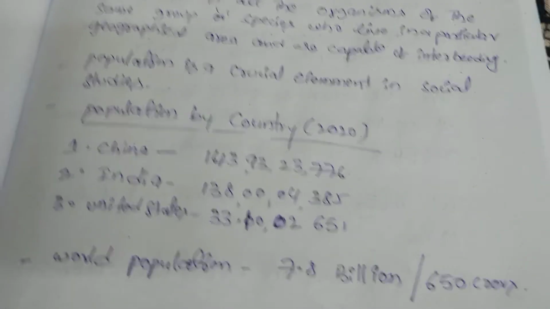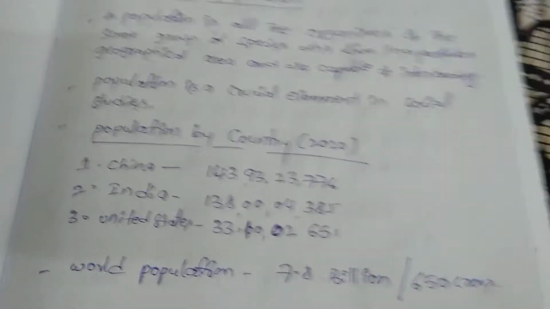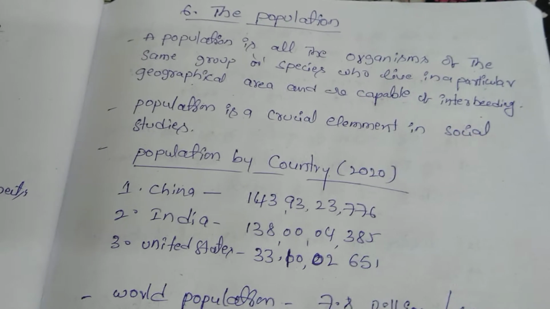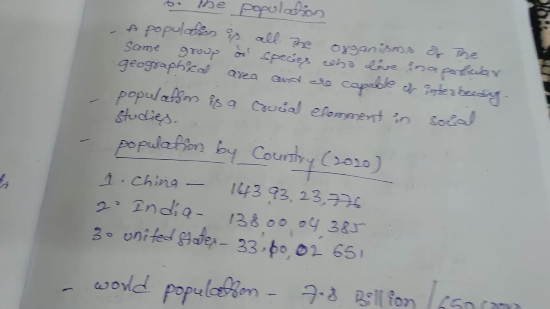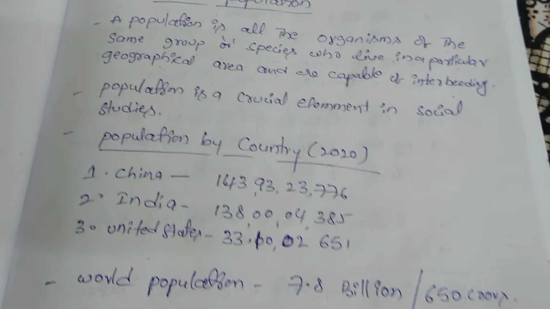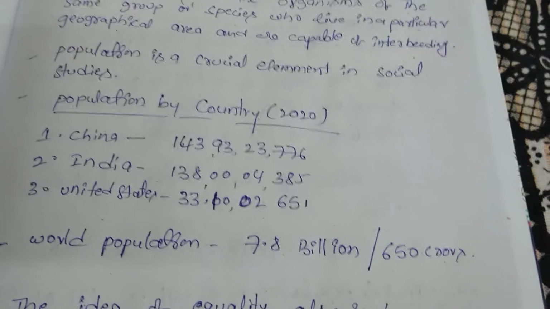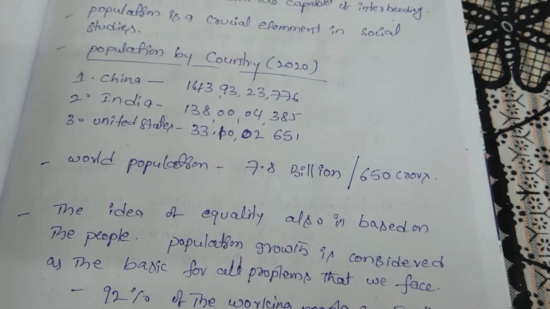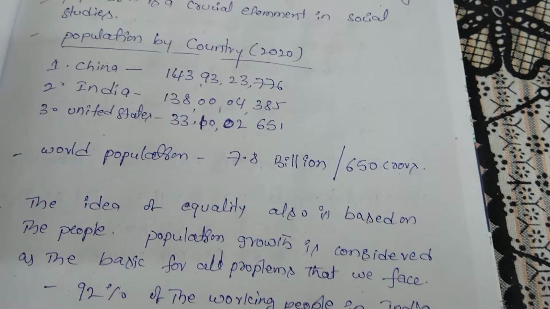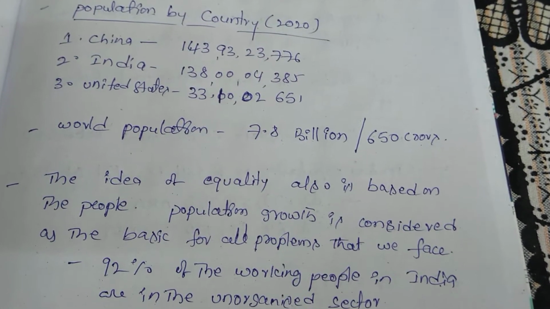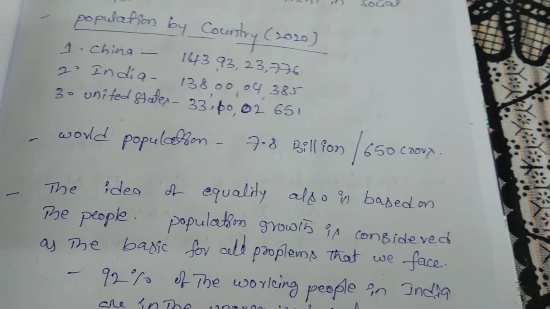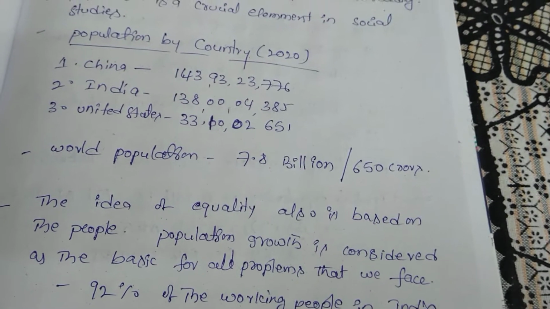That's why every country should find the population growth or current population in their countries. Okay, so the idea of equality also is based on the people. So equality, how they are maintaining in their country depending on the population.